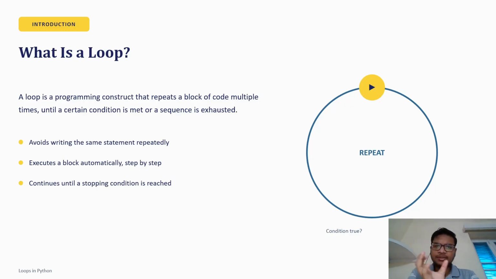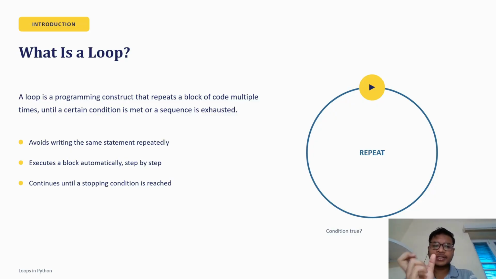Just a cycle, just a wheel, and that wheel is rotating. When the condition becomes true, the code will stop at that point.